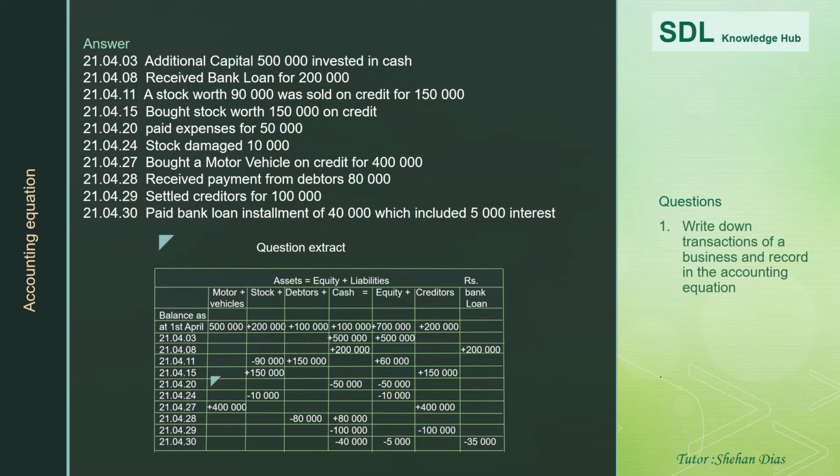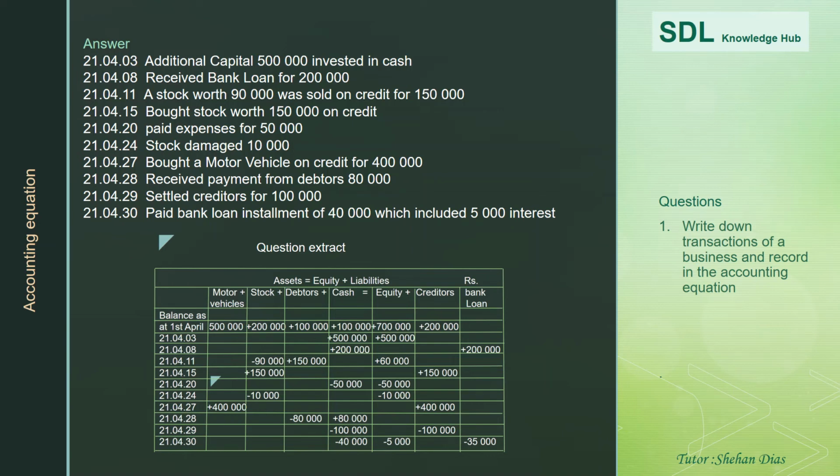Then the next transaction, stock has been reduced by 10,000 and equity has reduced by 10,000. This is not a sale, but the stock has reduced. That means we can say it is due to stock damage. So the transaction is stock damaged for 10,000, which will be set off as an expense from equity.